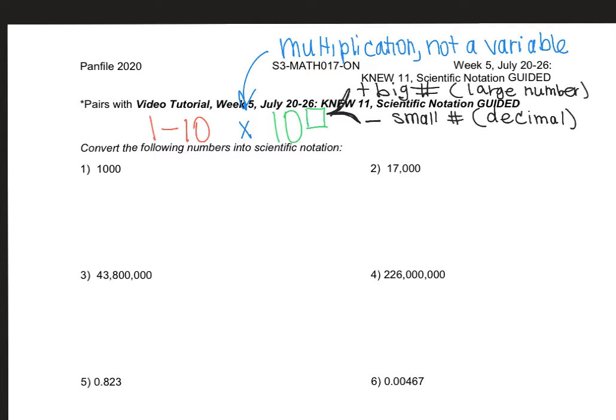So the way I do that is I need to place my decimal. If I place it here, the number is 100. If I place it here, the number is 10. But it's a little bit more than that. It has to be bigger than 1, but less than 10.